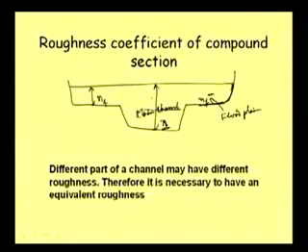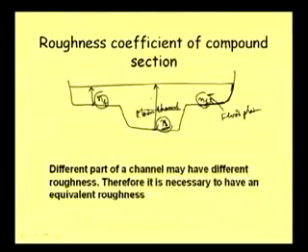Well, so one point is clear, that if I talk in terms of Manning's roughness coefficient, this n here and here will be different. Now if we try to calculate the flow depth, or say what will be the discharge in this channel, then we need to calculate an equivalent Manning's n, and that is what we will be discussing just very briefly here.